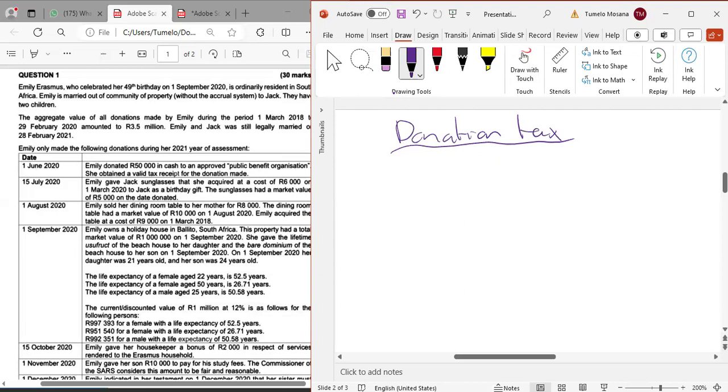The most important thing that you have to know with a donation is that there is something called a deemed donation.